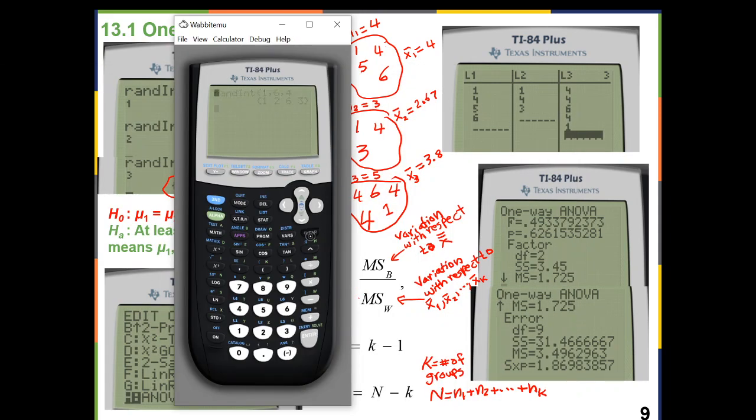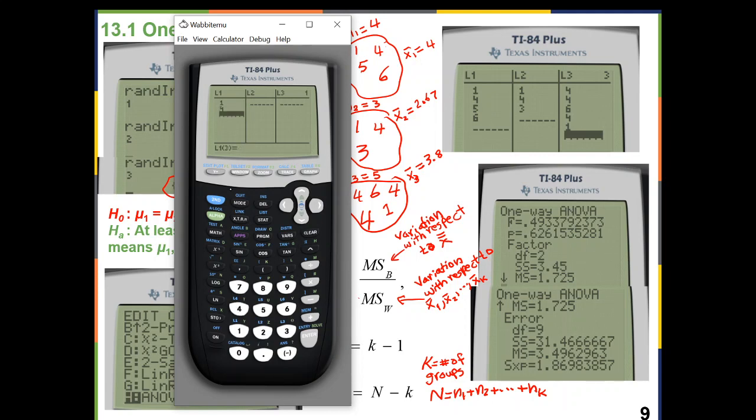Okay, so that test is under stat, test, and is the last one. Go to ANOVA. Let me make sure I have my L1, L2. No, I don't have anything in L1, L2, so I can't do it right now. But I can put them in there and keep them for later.